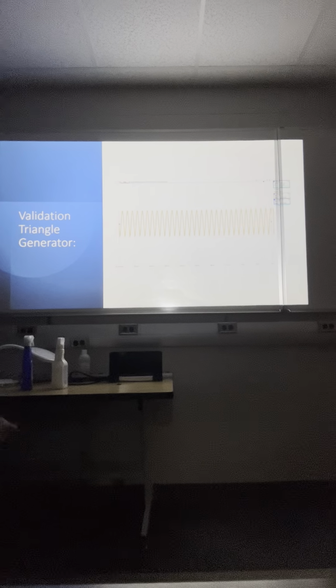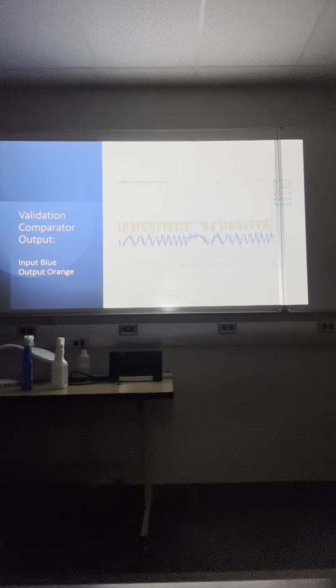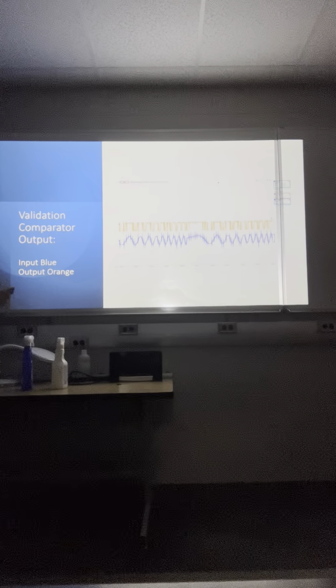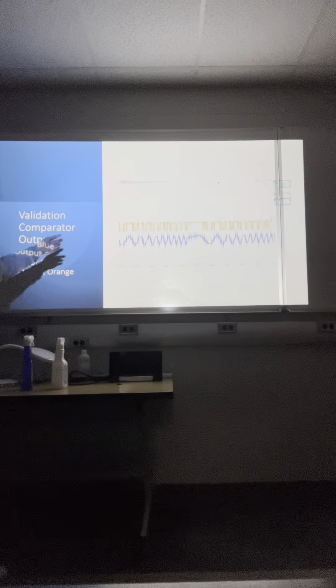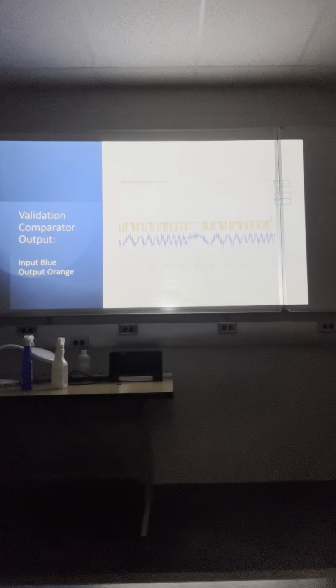So this is just a validation that the triangle wave generator works. Now we have the validation of the comparator stage. So basically the blue is a frequency sweep on the input of the comparator, and the orange is the output of the comparator. And as you can see, it's a pulse width modulated signal.